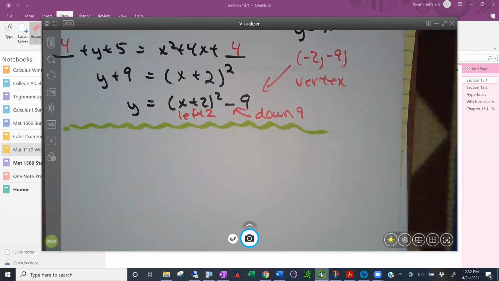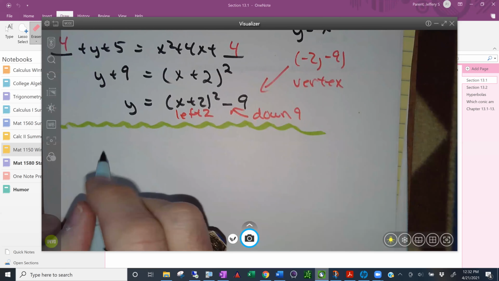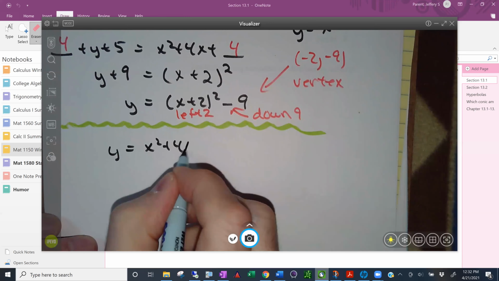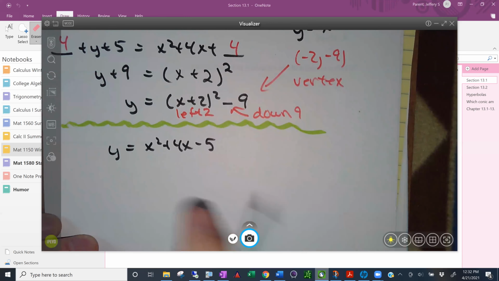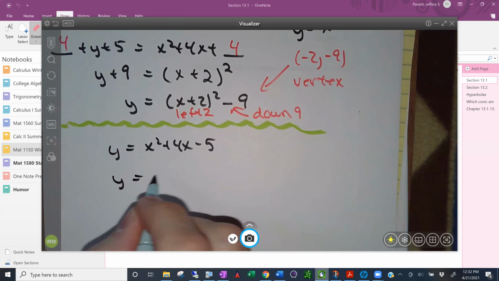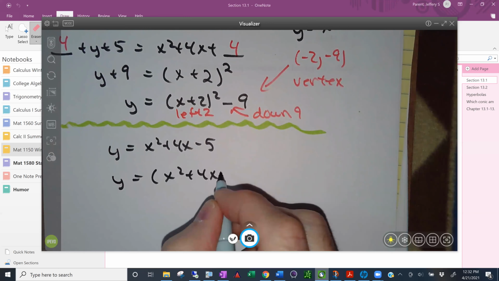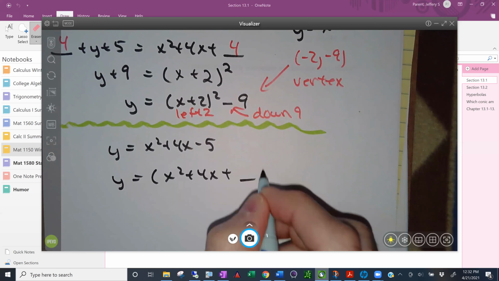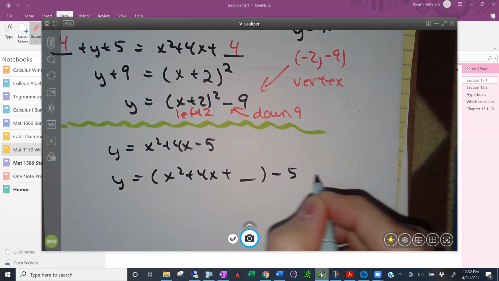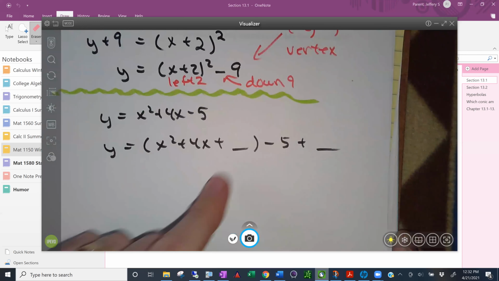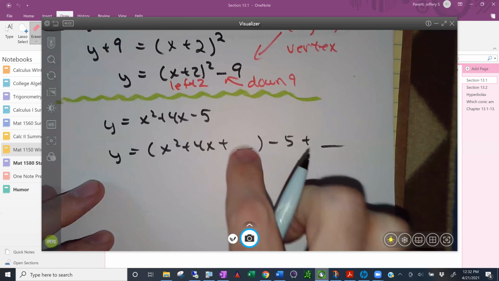If you have to follow along with WebAssign's game, it would look like this. So I'm going to rewrite the problem. They're just going to keep this 5 on the right-hand side. So what they'll do is write this as x squared plus 4x plus something minus 5. And so you got to look and say, all right, what number is it that completes the square here?